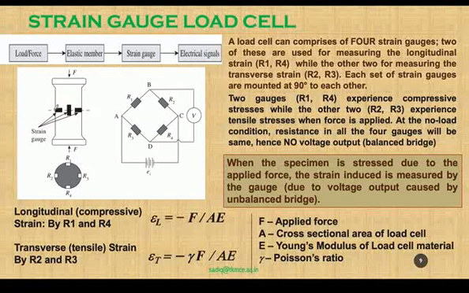So if there is no load on this, there is a balanced Wheatstone bridge. If there is load applied on that, there will be strain happening on these resistances or strain gauges. There is unbalance of the Wheatstone bridge, so you will get a voltage, and the voltage is an indication of the applied force.